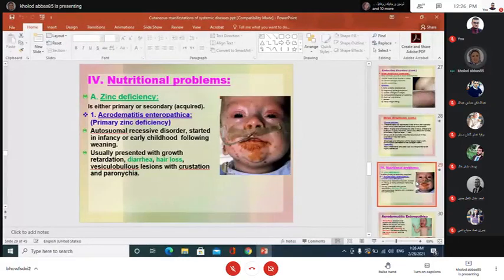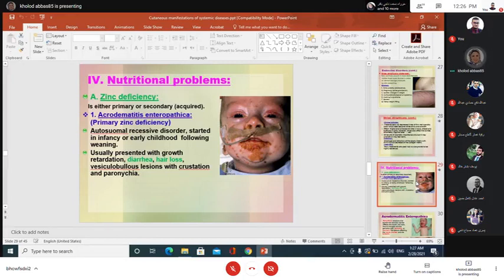As an example of a nutritional problem we have zinc deficiency. Either we have acrodermatitis enteropathica, which is a primary zinc deficiency, or it could be due to secondary causes. We'll talk about the primary zinc deficiency. It's an autosomal recessive disorder, starting in infancy or early childhood following weaning.